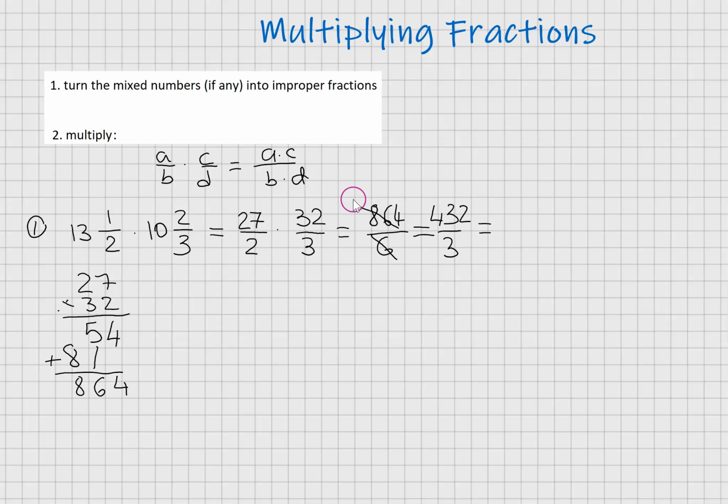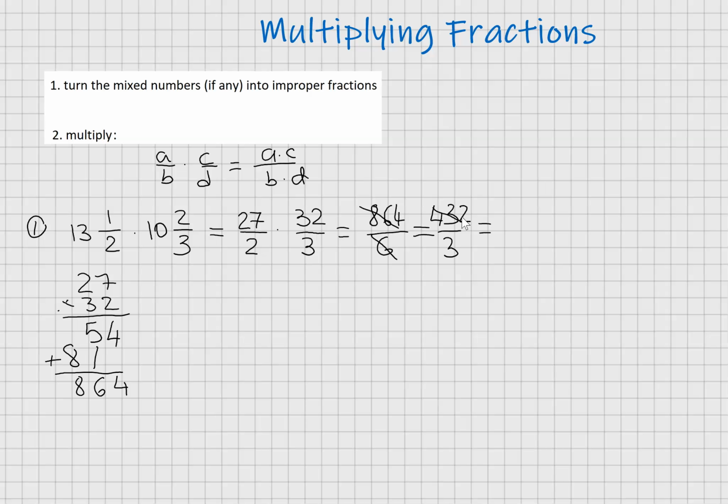So the only number that I could simplify by is 3. So let's see, is 432 divisible by 3? How do we know? If the sum of the digits is divisible by 3. So I have to add 4 plus 3, 7 plus 2, 9, which 9 is divisible by 3. So the whole number is divisible by 3.